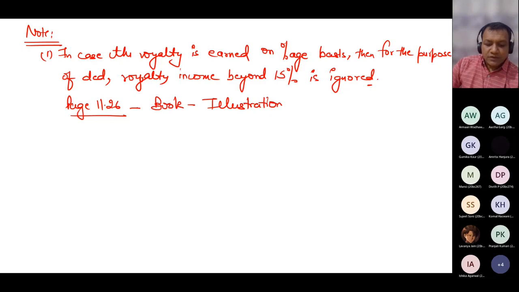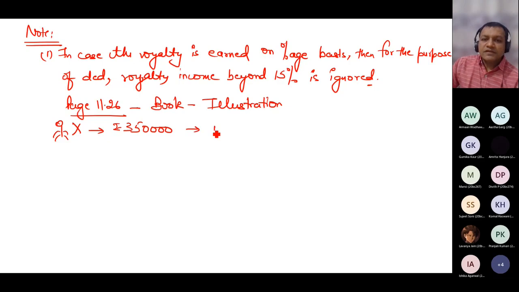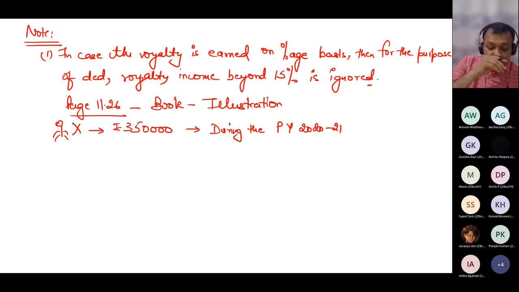X earned the royalty income of 3 lakh 50. This is what the illustration says, that Mr. X, a person, earned the royalty income of 3 lakh 50, during the previous year 2021, on the basis of 20% of value of books sold by the publisher.